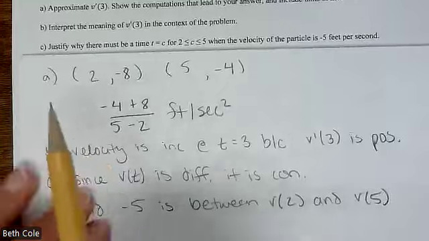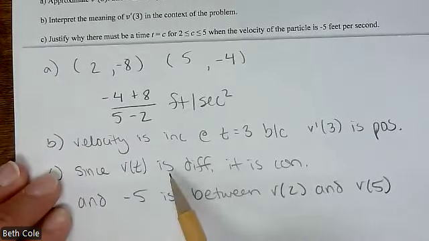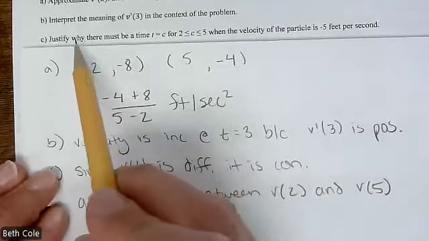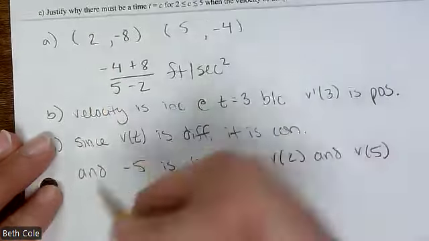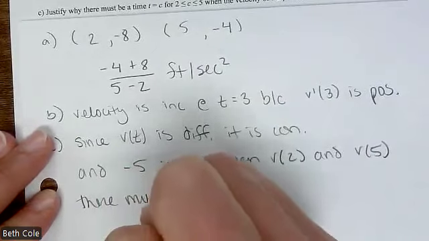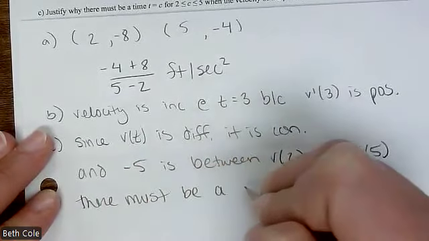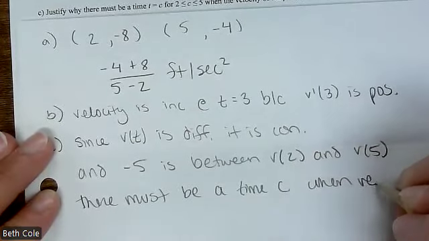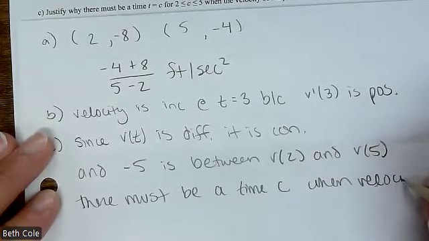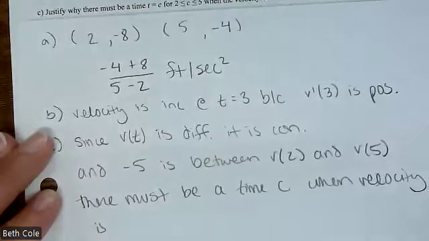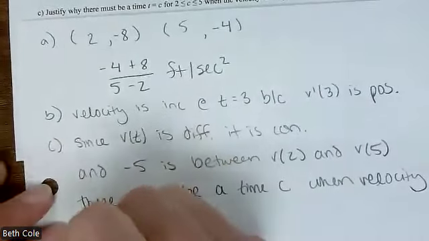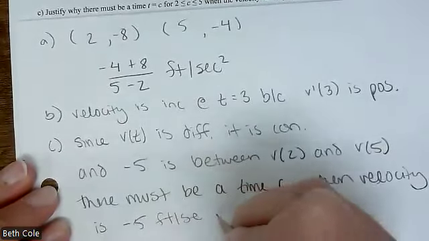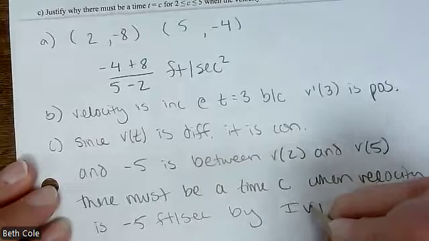Now we repeat the prompt. So you say, because v of t is differentiable, it is continuous. Negative 5 is between v of 2 and v of 5. Now you repeat the prompt. So I'm going to say there must be a time C when velocity is negative 5 feet per second by IVT.